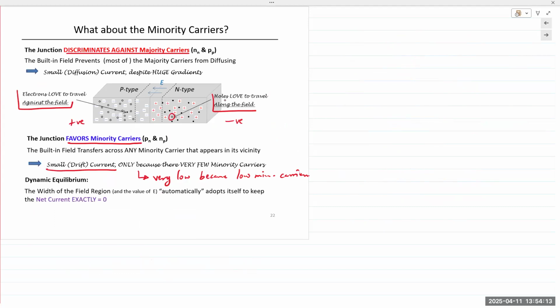Positive to the P type. Holes are positively charged. Electrons are negatively charged. If you apply a negative polarity to the N side, what happens to the electrons? They're going to go that way because you're pushing the electrons.